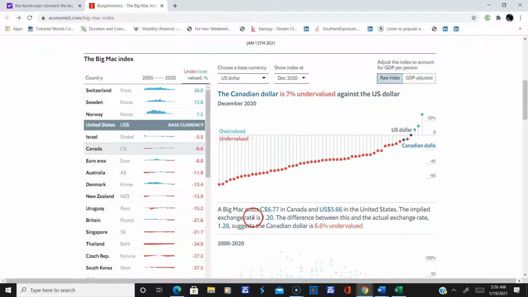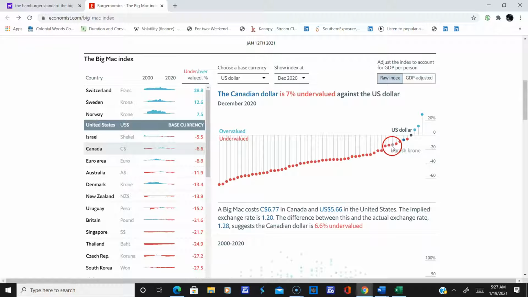The implied exchange rate is 1.2, all right. The difference between this and the actual exchange rate, 1.28, suggests that the Canadian dollar is 6.6% undervalued. All right, so let's just go down a little.